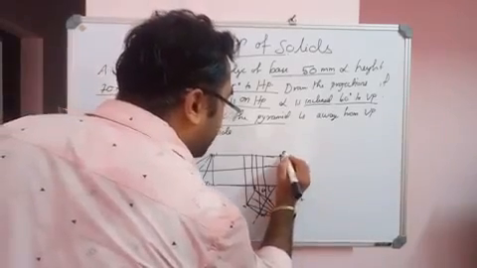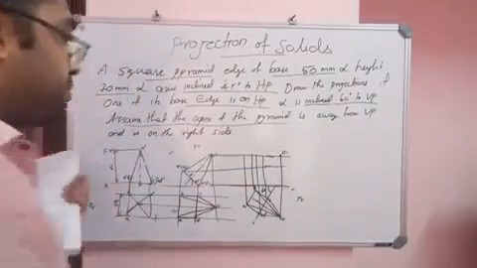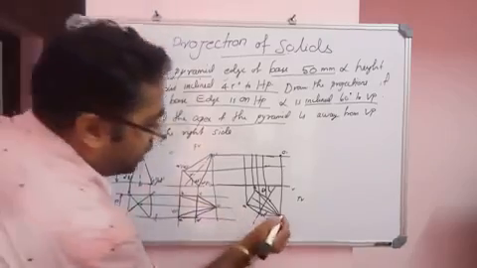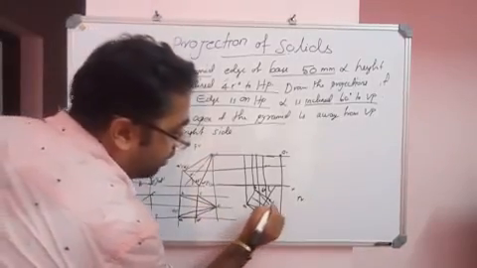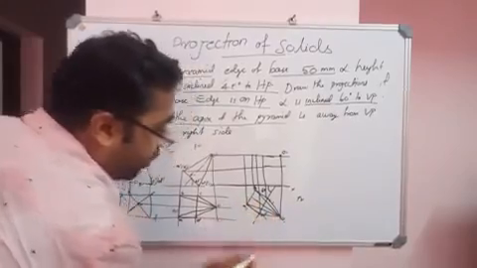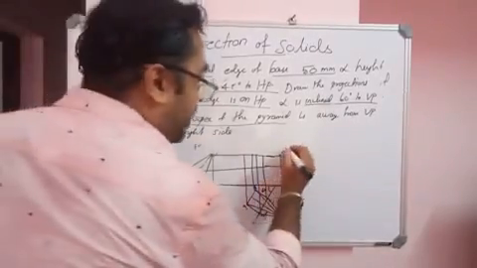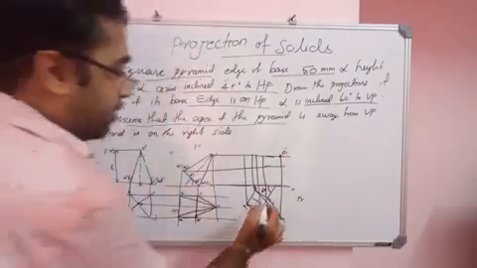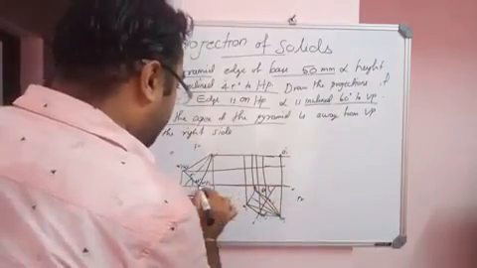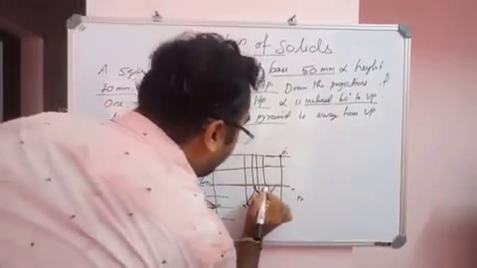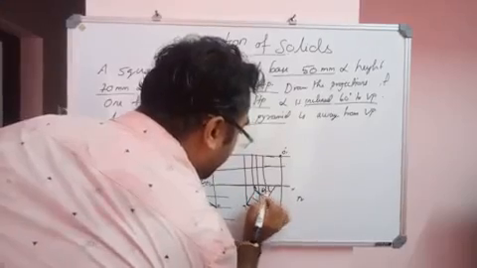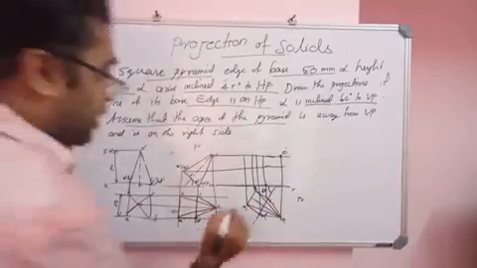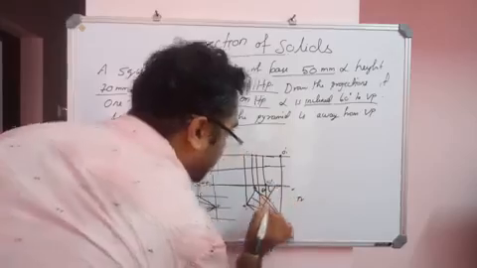Maybe this will be confusing, so I'll rename it as O1, D1, C1, B1 and A1. So this is O1 dash, and now C1 is coming here. Where is this C1 meeting? Here in this point.